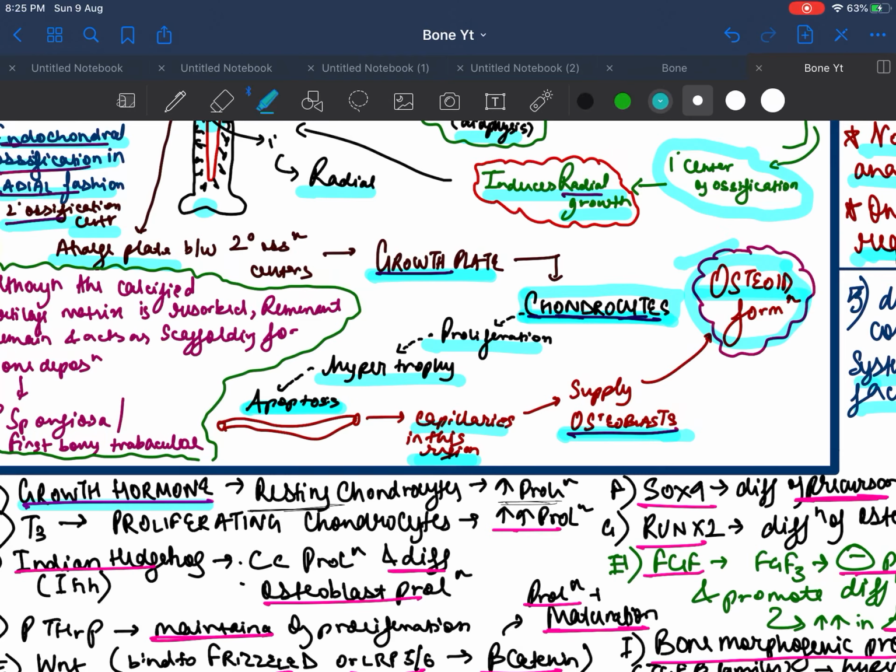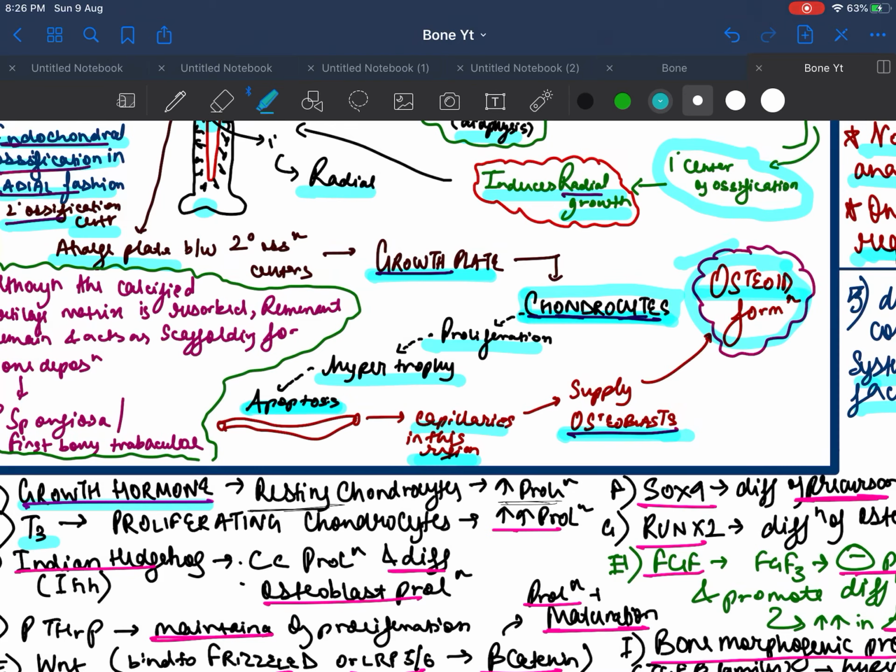So coming to the T3 hormone, it is secreted by the thyroid, and in the endocrine chapter we have learned that the thyroid hormone is responsible for bone formation, and also for various other things like basal metabolism, controlling the BMR, etc. So in conditions where the thyroid is decreased, for example cretinism, the bones will not be formed properly and it will lead to the short stature of a cretin.